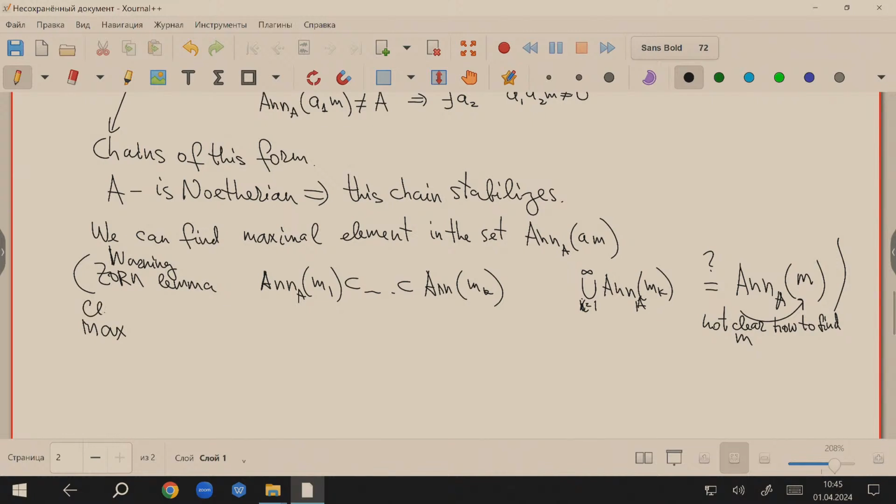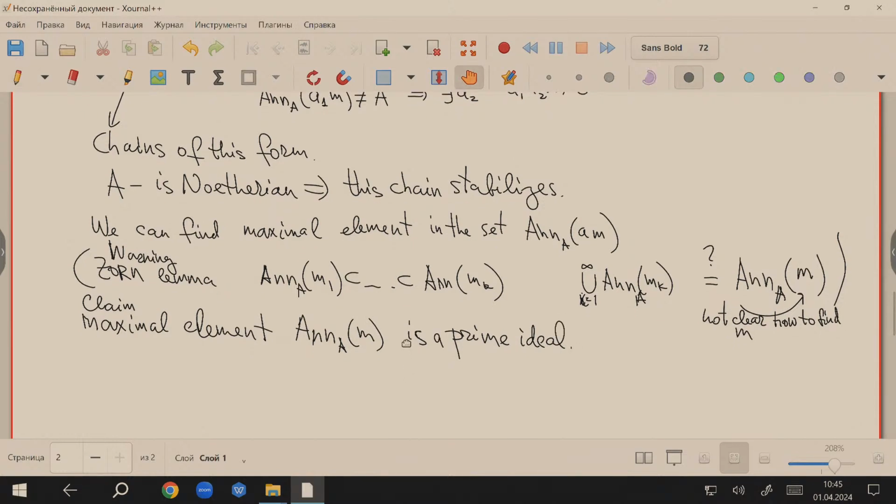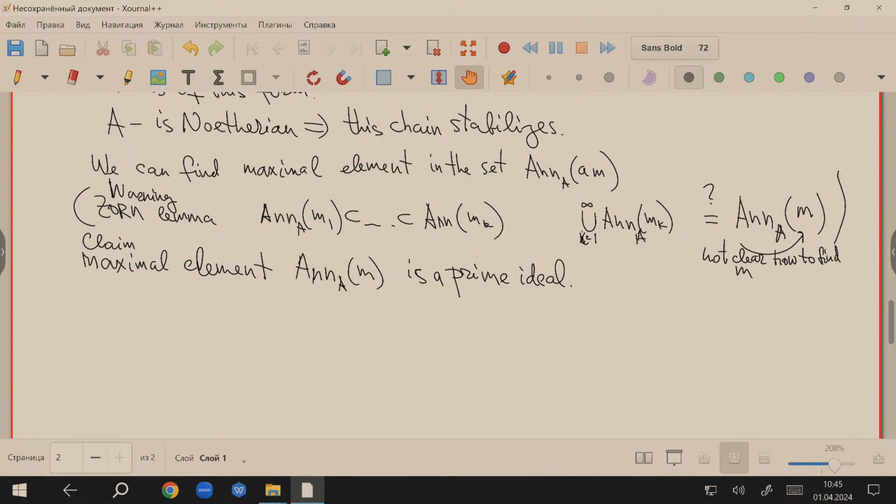So the claim: a maximal element of the form annihilator of M is a prime ideal. Let me prove it.